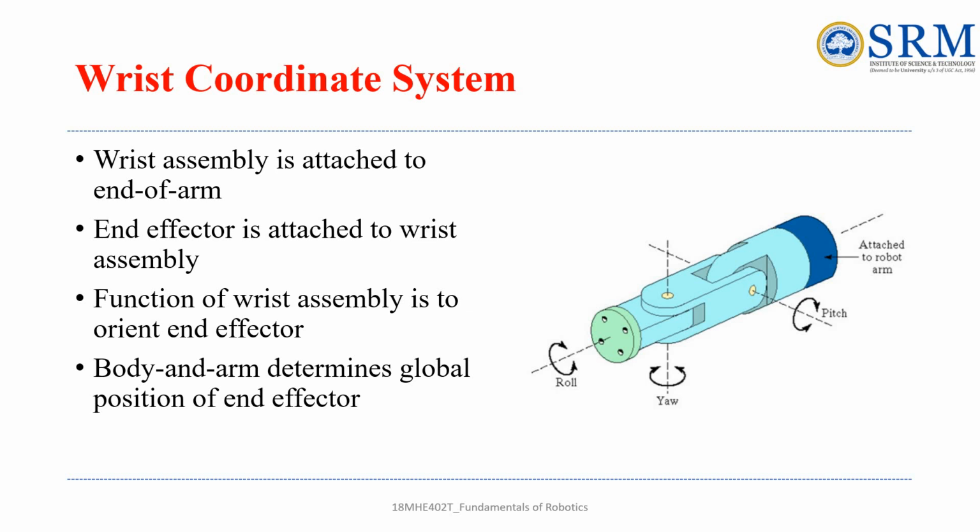The body and arm of the robot together determine the overall or global position of the end effector within its workspace. And this coordination between the body, arm, wrist assembly, and end effector allows the robot to perform the task with precision and efficiency. Okay, so this is about the wrist coordinate system.